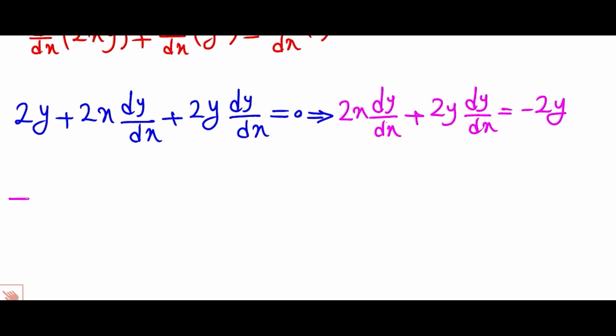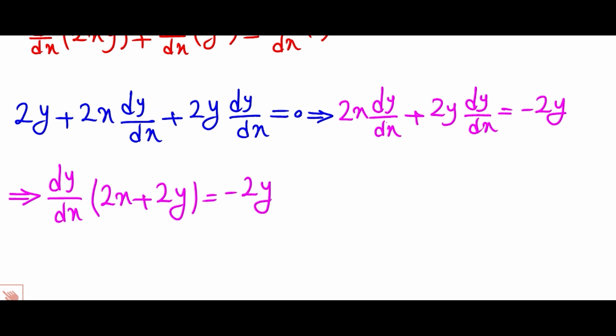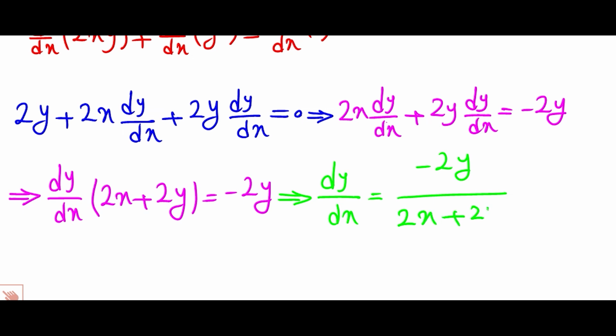So we have dy/dx times (2x plus 2y) equals negative 2y. If we divide both sides by 2x plus 2y to isolate dy/dx, we have dy/dx equals negative 2y over 2x plus 2y.